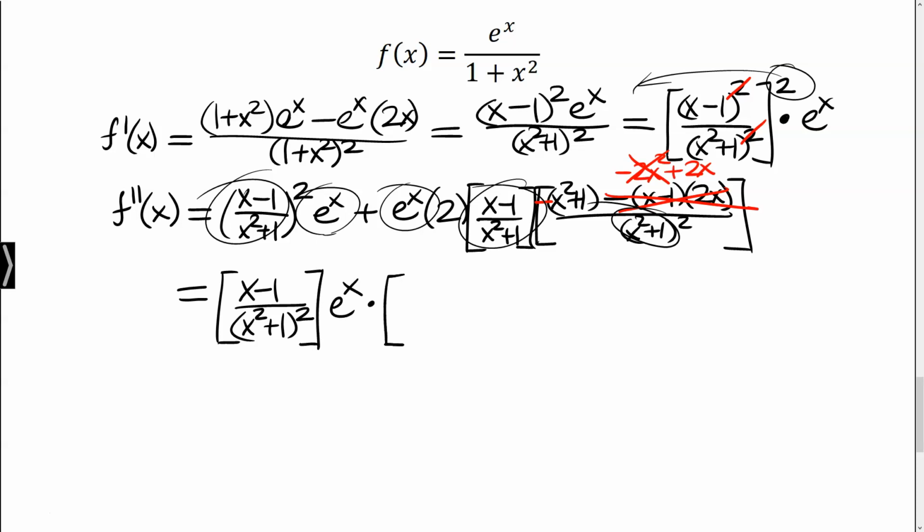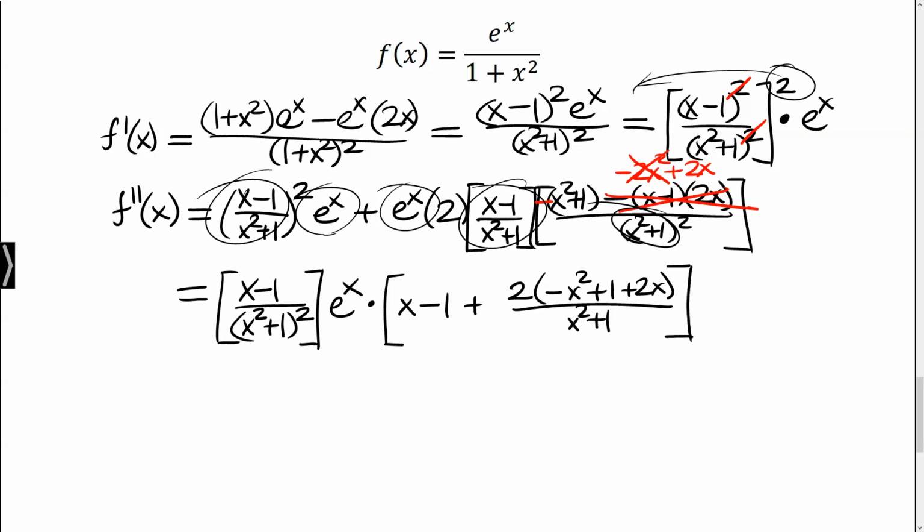Let's see. From the first term, we're just missing an x minus 1 on top. So x minus 1. From the second one, we're missing quite a bit more. So we're missing a plus 2 times minus x squared plus 1 plus 2x. And then this is all over the other factor of x squared plus 1.